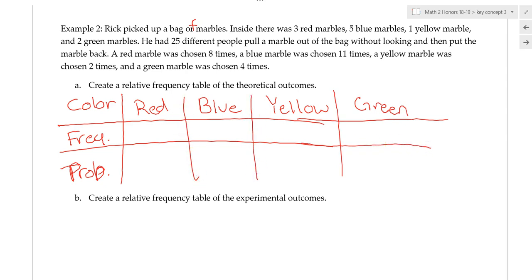So theoretically, how many red marbles could I get? There are 3 of them in there, 3 red marbles in the bag. Theoretically, I can pull out 5 blue marbles. Theoretically, there's 1 yellow marble, and there's 2 green marbles. Again, that's before I pull anything out or I do anything. That's just how many marbles are in the bag.